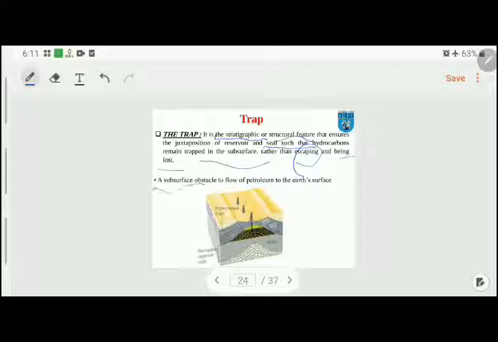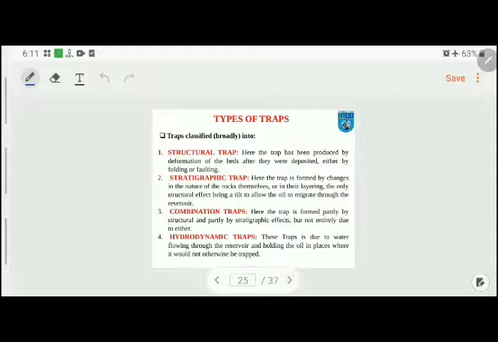The subsurface obstacle here blocks the flow of that petroleum to the earth surface.